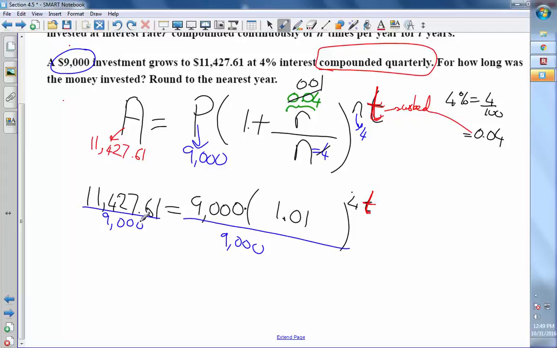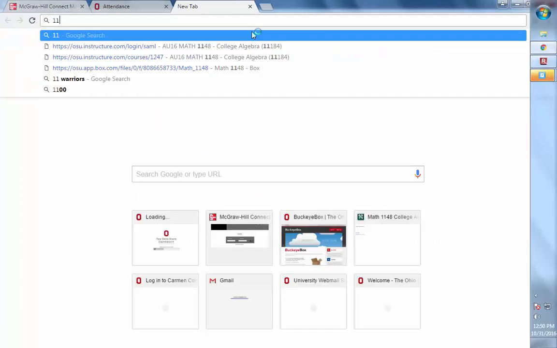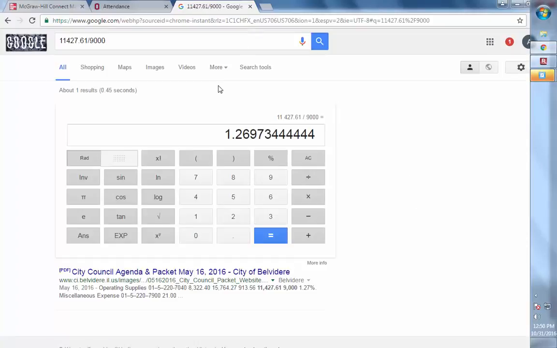Okay, that's a good one. It's going to cancel this monster, and we'll get one step closer to our target. By the way, what is this? You need to be able to do this in a calculator. 11,427.61 divided by 9,000, right?